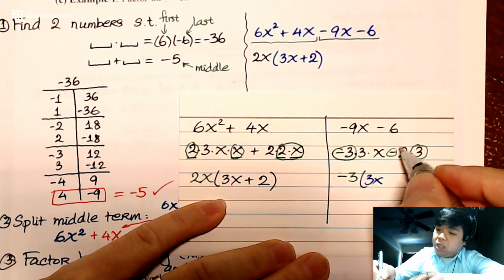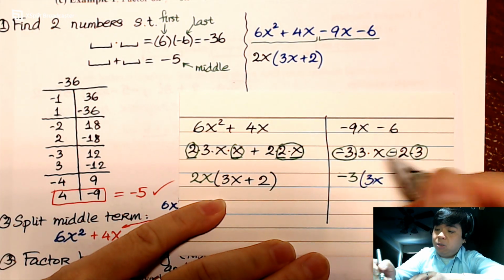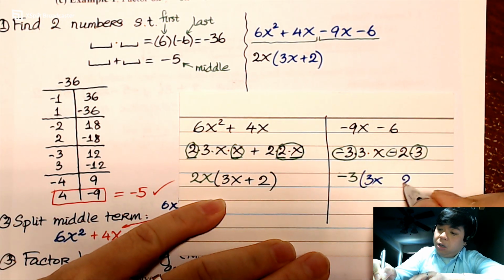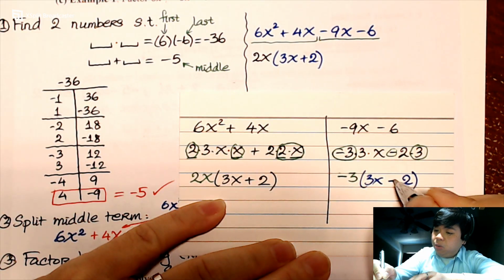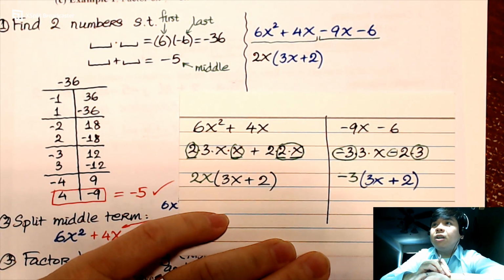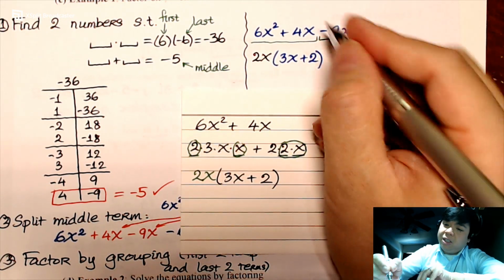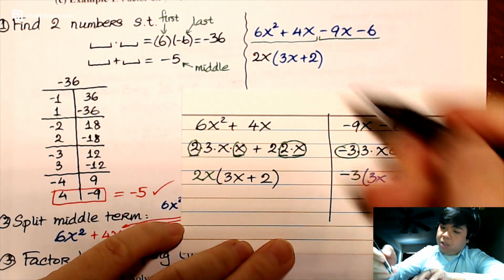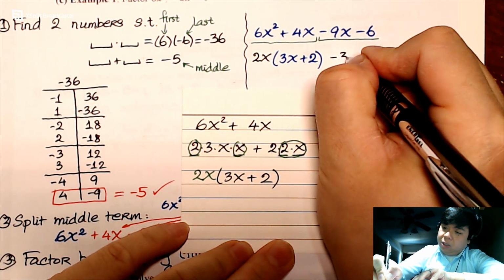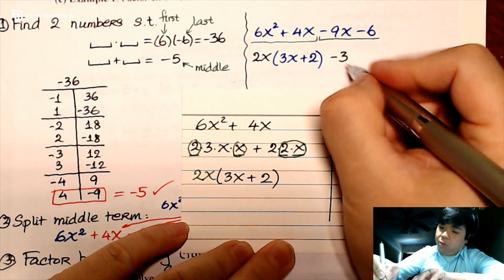And there's no more sign. We took the negative common out, and there's 2. Positive 2. Okay, so that's what we have. The common is negative 3. And we have 3x plus 2.